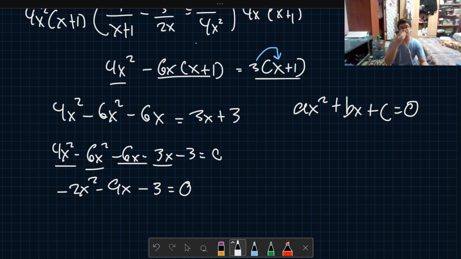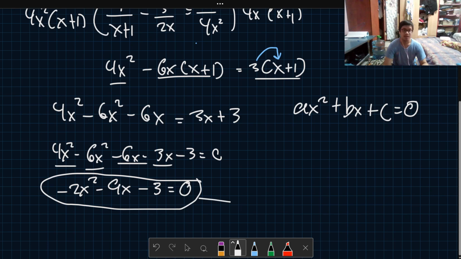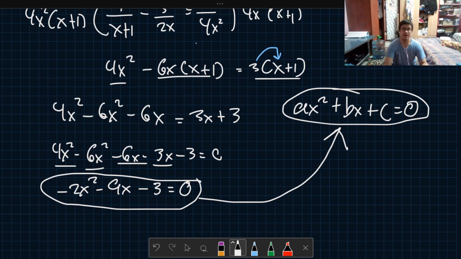And now take a look. See, look at this one. This is just the same as this one. So in this case, my theory or assumption was right all along. We're going to solve for x by solving a given quadratic equation, because this is what you call a quadratic equation.